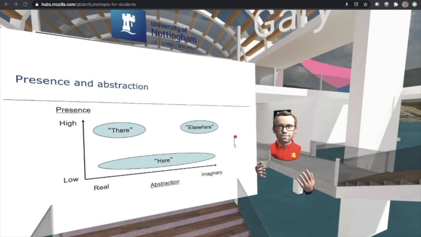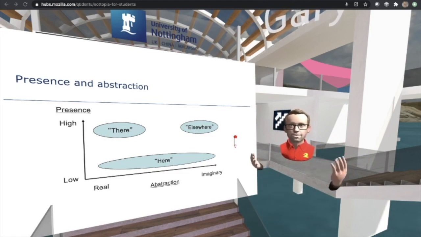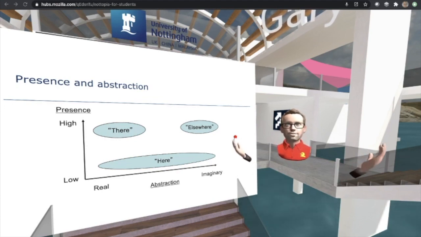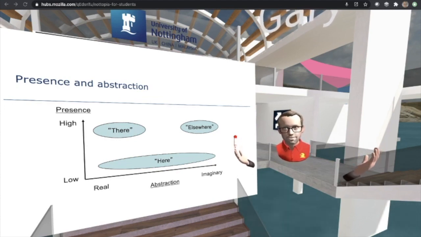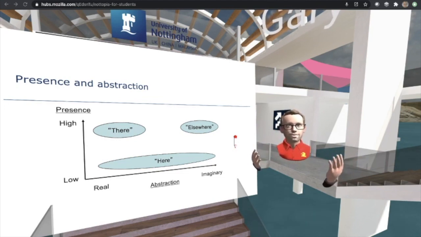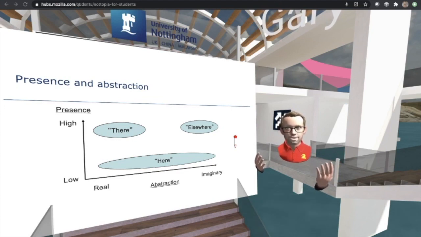That's where I am, and I believe that I'm there. So I may not have any experience of walking on the surface of Mars. Nobody has experience of walking on the surface of Mars, but I may, through virtual reality, believe that I'm there and act in a way that I think is appropriate for that space. That is still high presence. Okay.